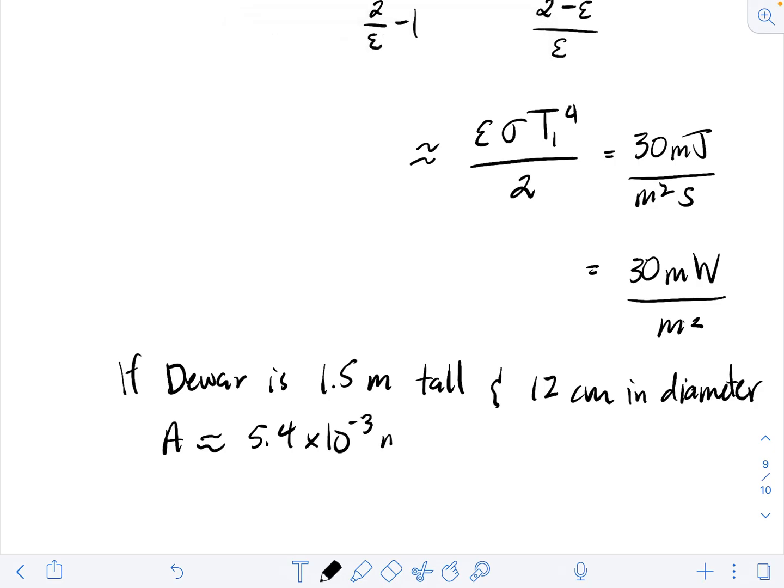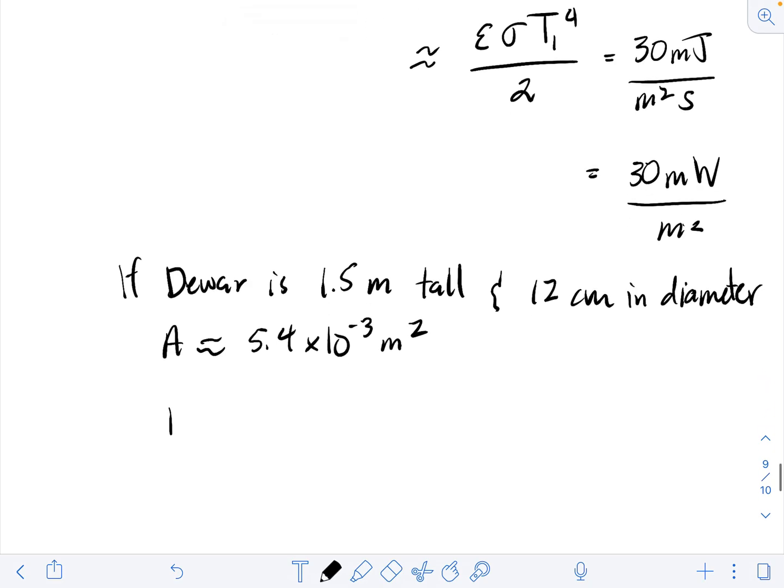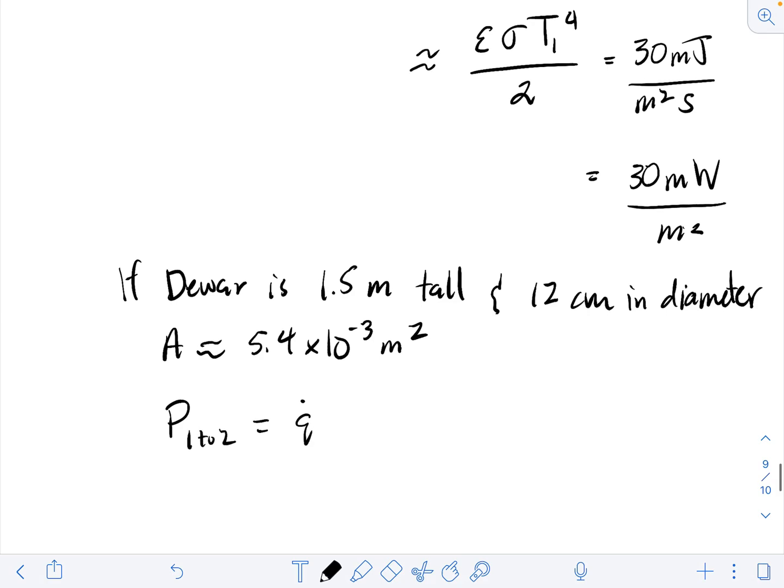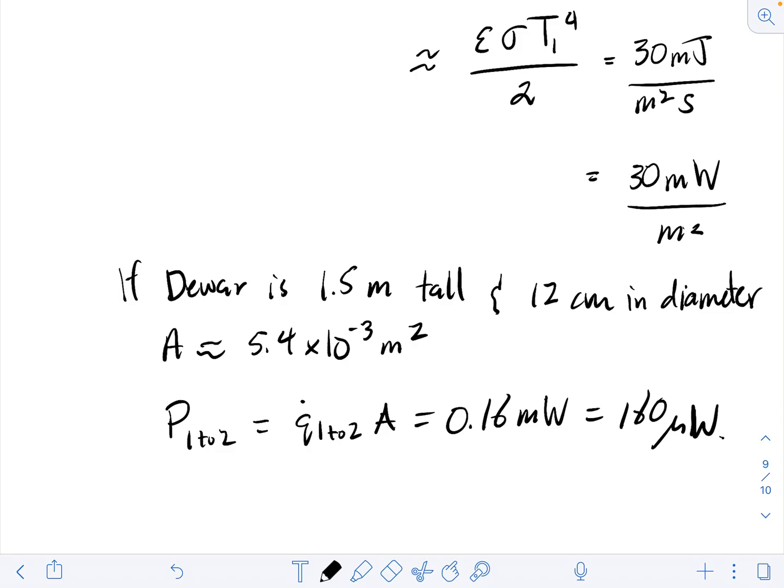A is going to be about 5.4 times 10 to the minus 3 meters squared, or the power transfer from 1 to 2 is Q dot from 1 to 2 times the surface area. And that's about 0.16 milliwatts, or 160 microwatts.